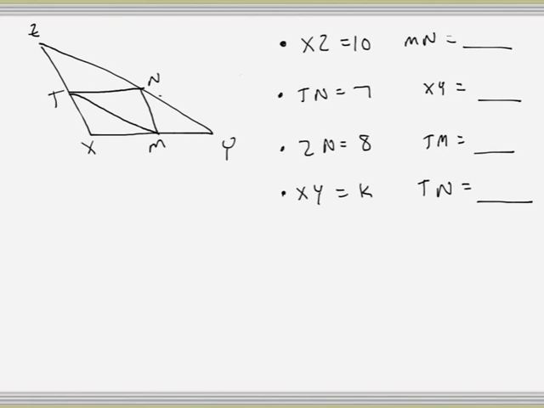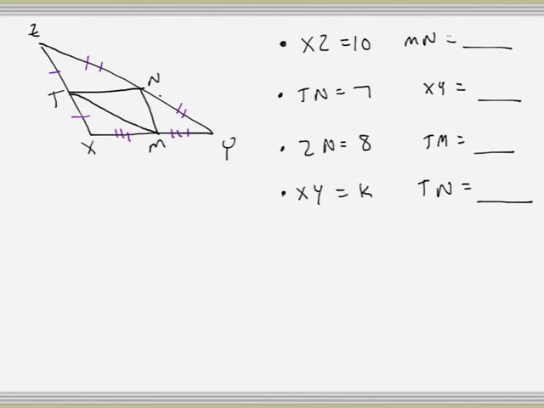Okay, so I've got a few example problems up here now. We are given in this problem that points T, N, and M are midpoints. So of those three sides of the large triangle, we know we have midpoints.